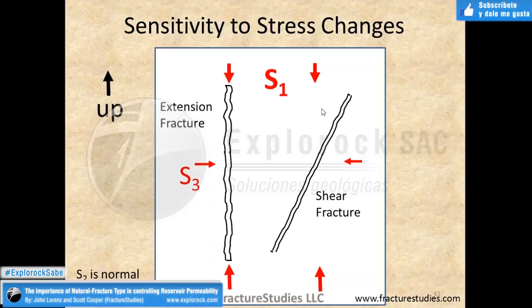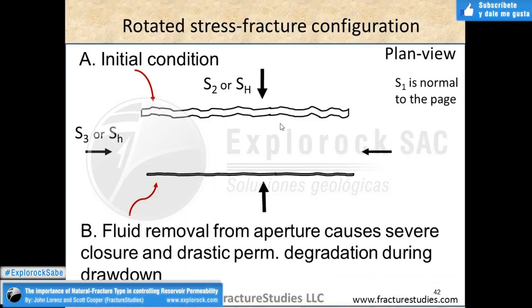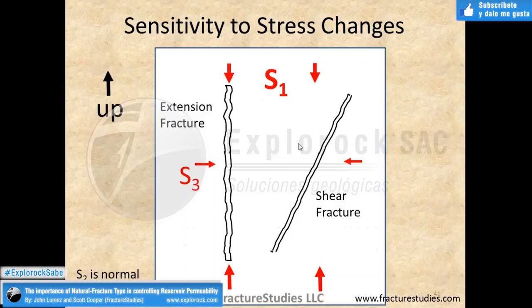Here's an example. This is a laboratory example, and these were fractures from core, and plugs were taken from the fractures and tested in the laboratory, and the conductivity of the fracture, which is this vertical scale here, has been normalized to 1.